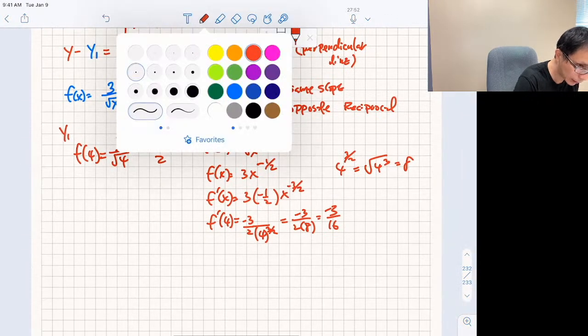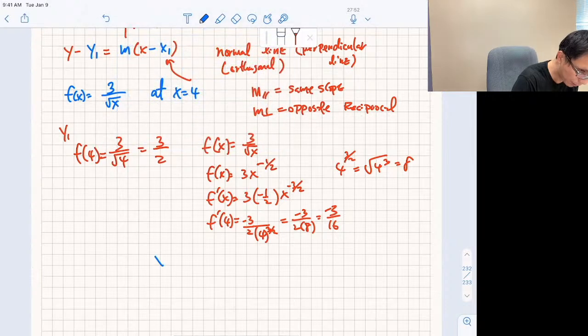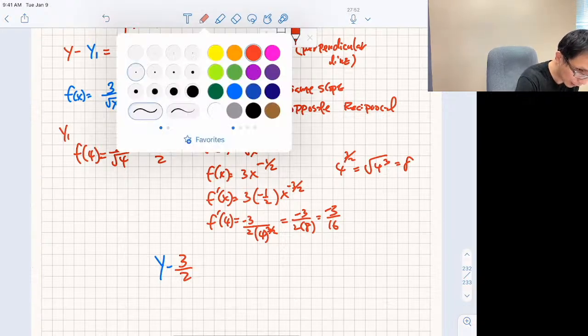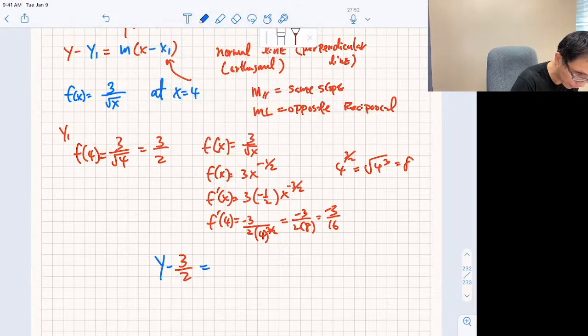Now I'm going to plug into this equation. So it'll be y minus 3 over 2, because that's the y value, equal to m times x minus 4, where this 4 is the x value, and m is negative 3 over 16.